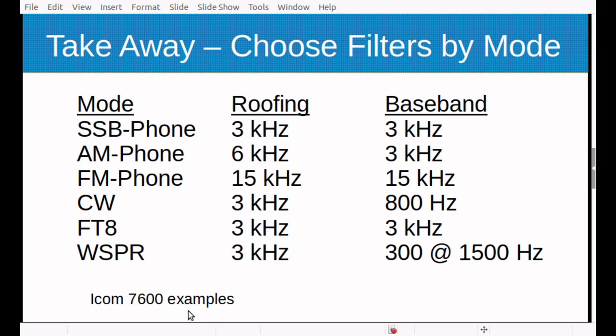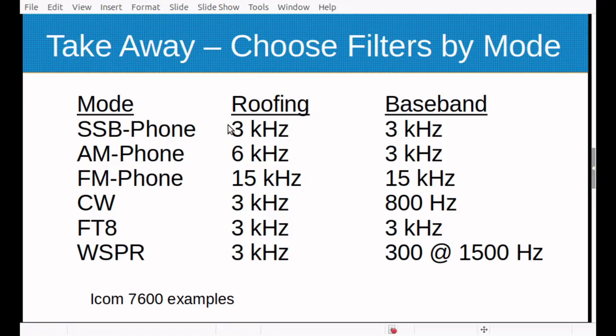Now, I've just given examples here from the ICOM 7600. Your transceiver may or may not have 3 roofing filters, or it might even have more. So select the roofing filter that will discard anything outside the band of interest before you get to that second mixer stage.